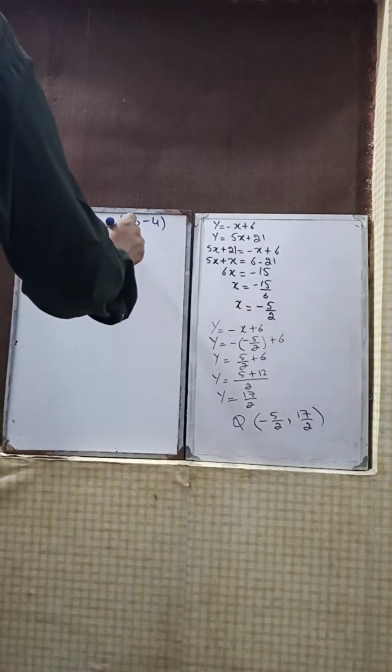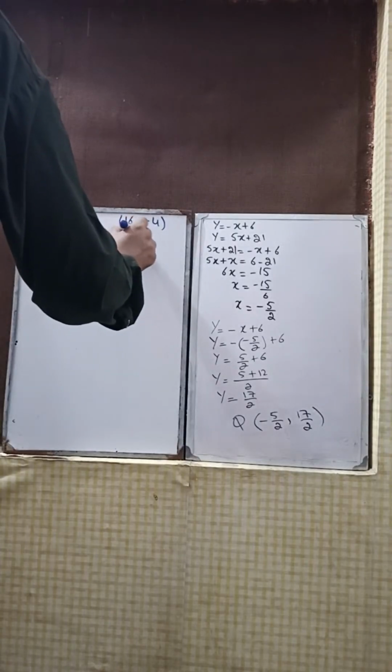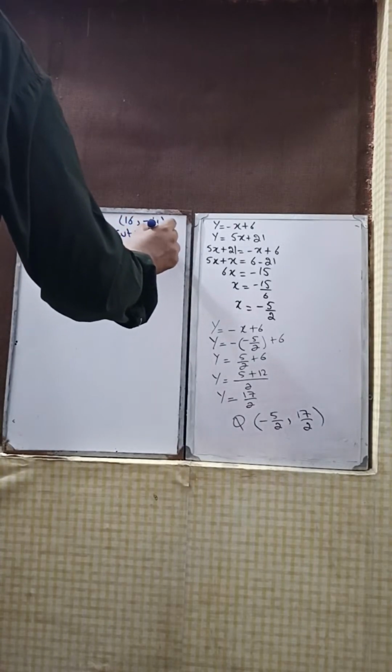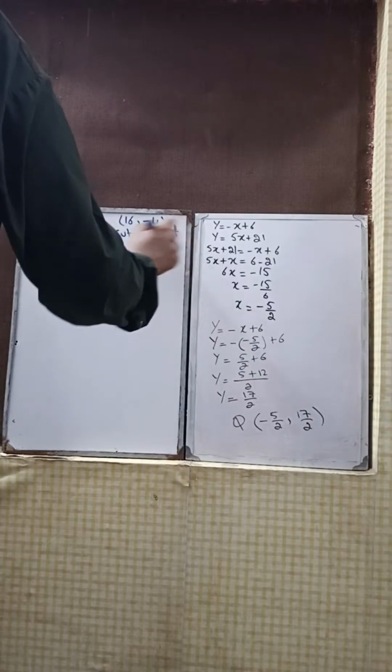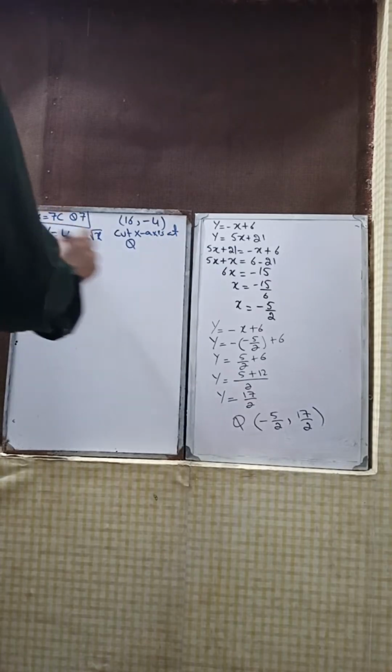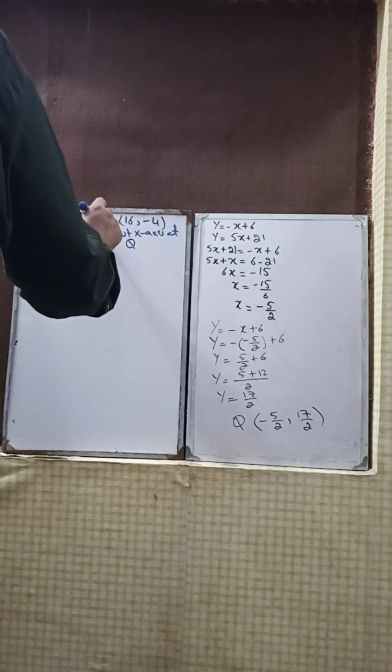The normal meets the x-axis at the point Q. So we have to find the equation of the normal, and we have to find the coordinates of Q. So they are talking basically about the normal.